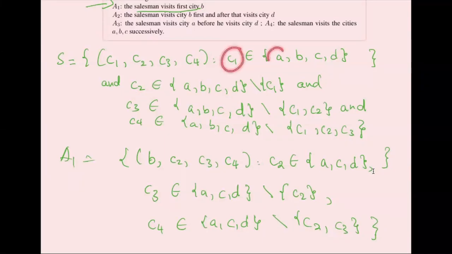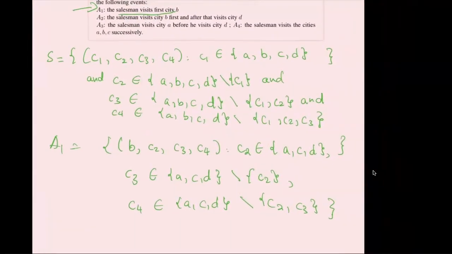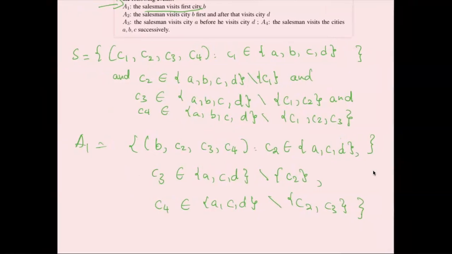Let's say you pick A for C1, then C2 will be B, C, D. So that's why I have to write it this way, because the value of C2 depends on the value of C1, and the value of C3 depends on the values of C1 and C2. I of course don't want to give you a bunch of notation that looks ugly like this, but this is the most compact way that I can write it.